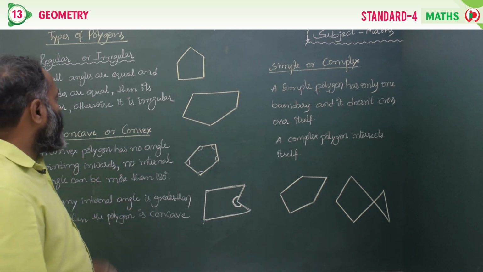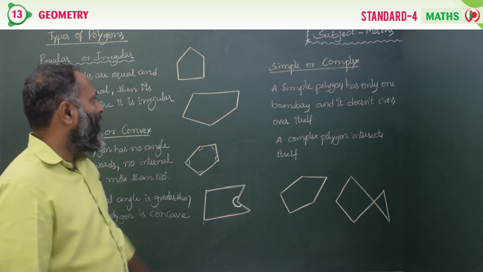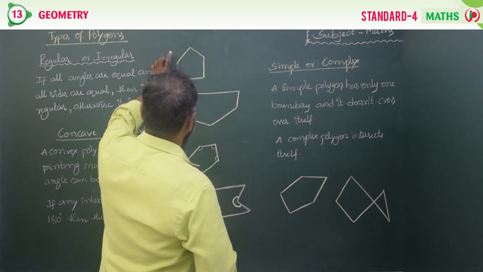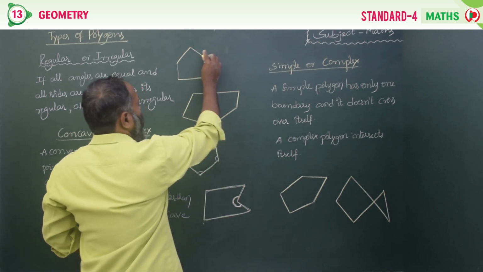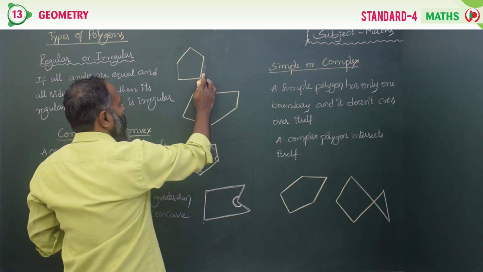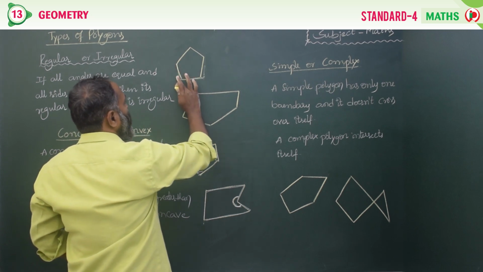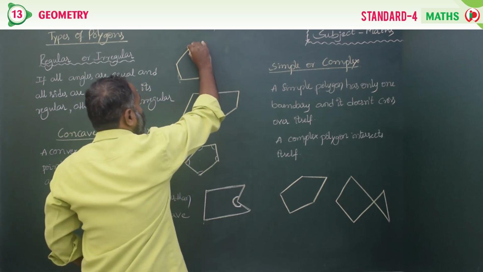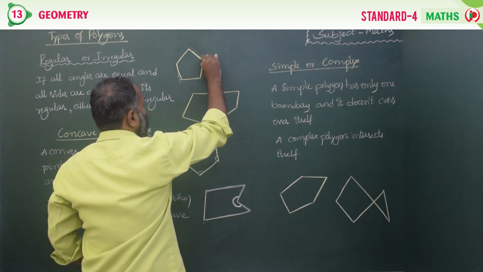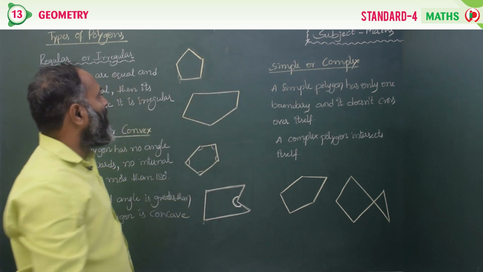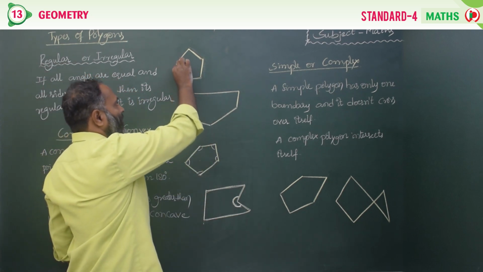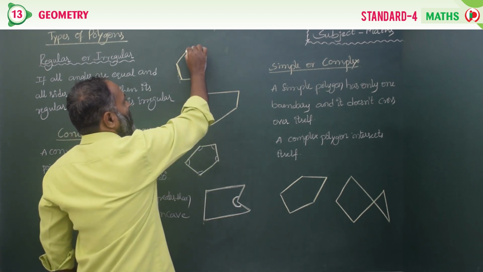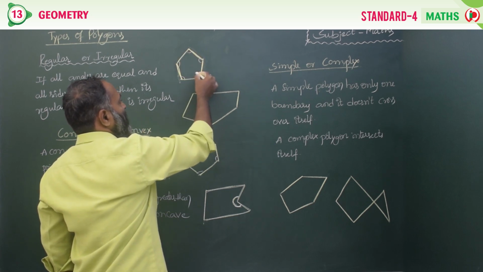Now this is about regular and irregular. What is a regular polygon and what is an irregular polygon? In a regular polygon, all the sides should be equal. If the sides of the polygon are equal and the angles are also equal, then that is a regular polygon. All the angles are approximately equal here, and all the sides are also equal.